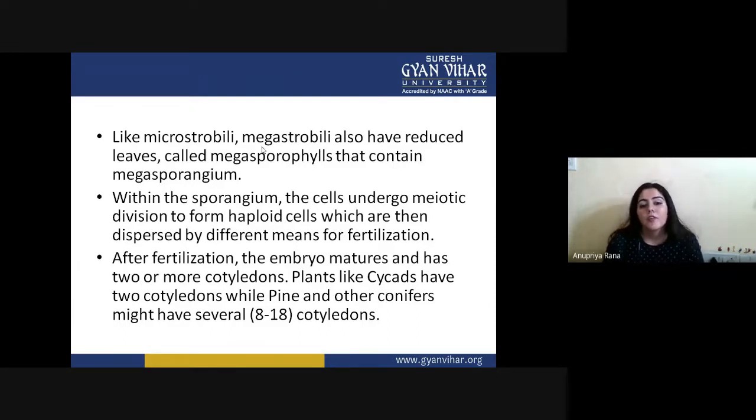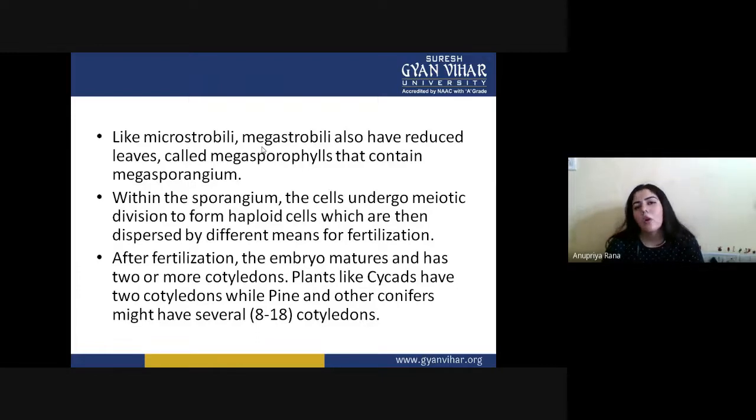Now, after fertilization, the embryo matures and has two or more cotyledons. Fertilization means the fusion of male and female gametes. Plants like cycads have two cotyledons, while pine and other conifers might have 8 to 18 cotyledons.